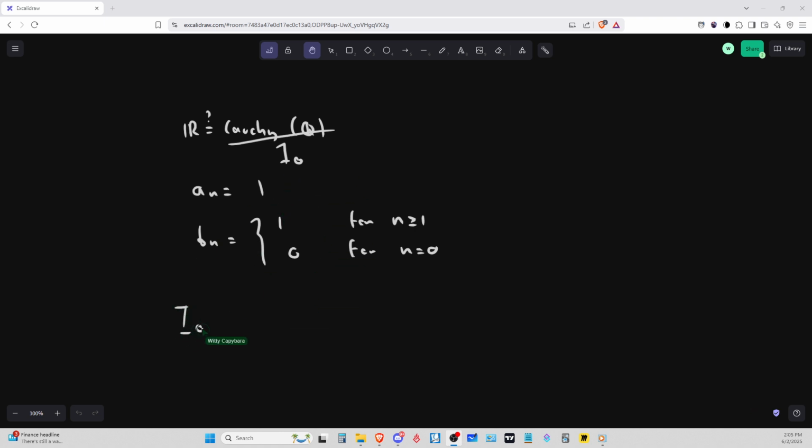So what is this? It's the Cauchy sequences over the ideal I_0, right? The ideal with a little 0 in the subscript is just the set of all sequences that converge to 0.